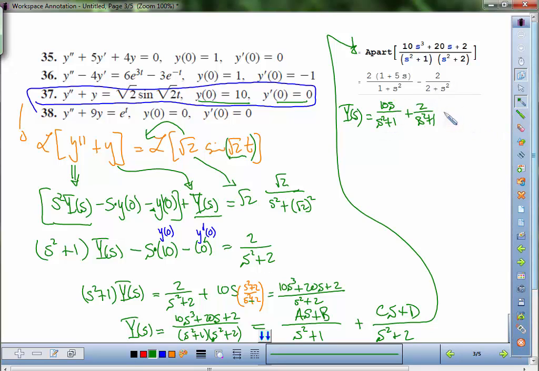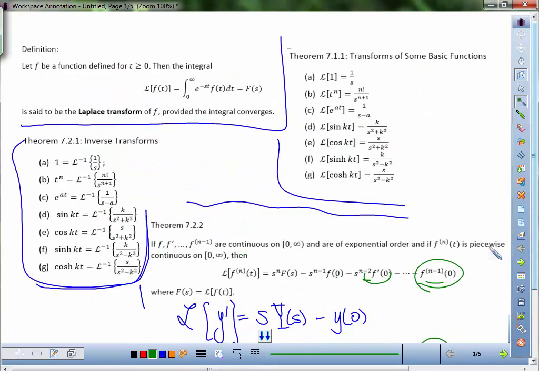And then the last term, I get negative 2 over s squared plus 2. Okay? So these look simpler, and they will, in fact, be one of these guys, sines and cosines.